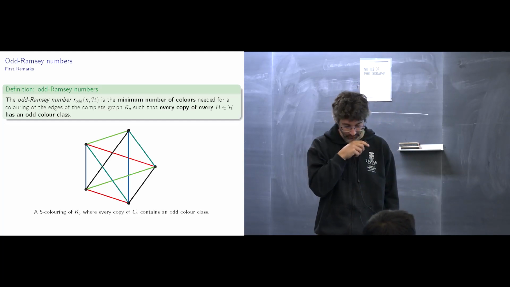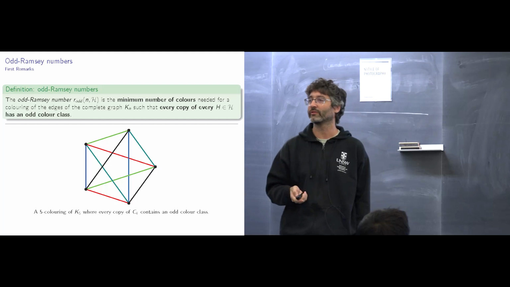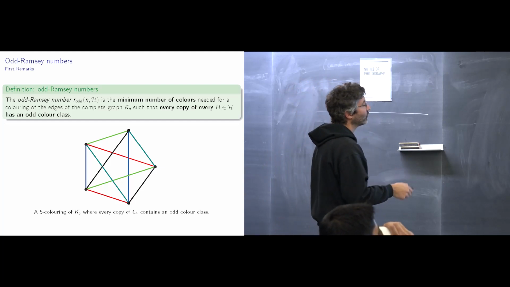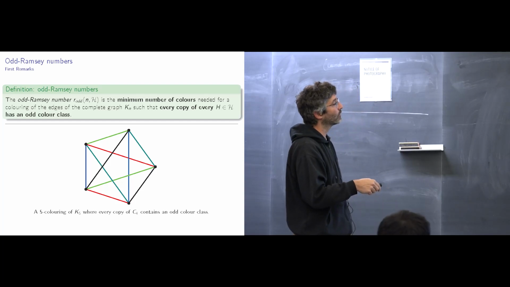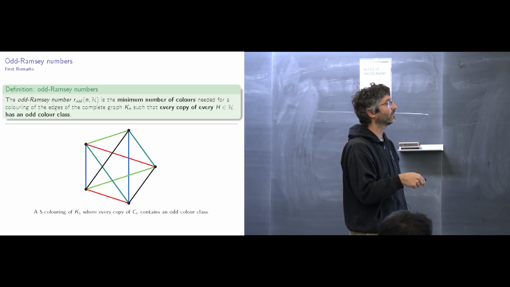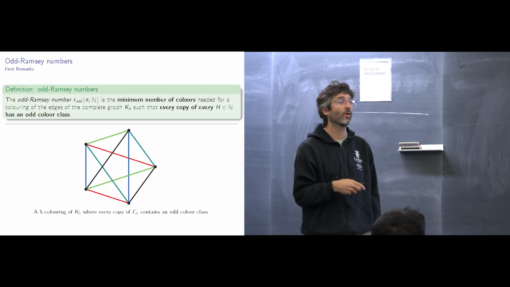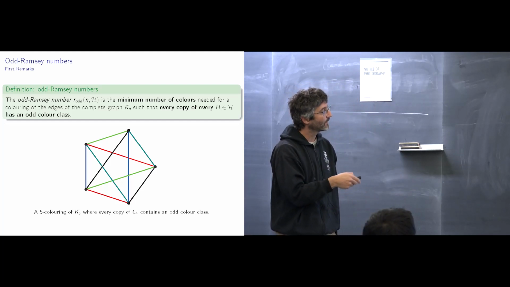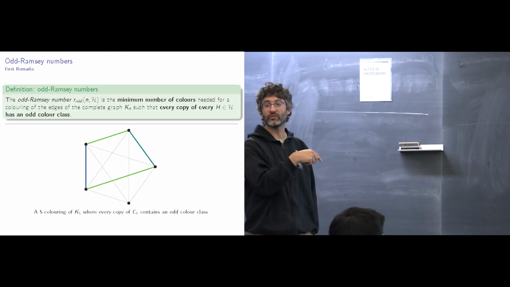Just to give you an example, to be sure that we all understand, because that's the main point of the talk, here I have what I claim to be a 5-coloring, a coloring with 5 colors of the edges of K5, such that every copy of C4, which is a cycle of length 4, contains an odd color class. So if you look at that coloring, you look at all possible C4.